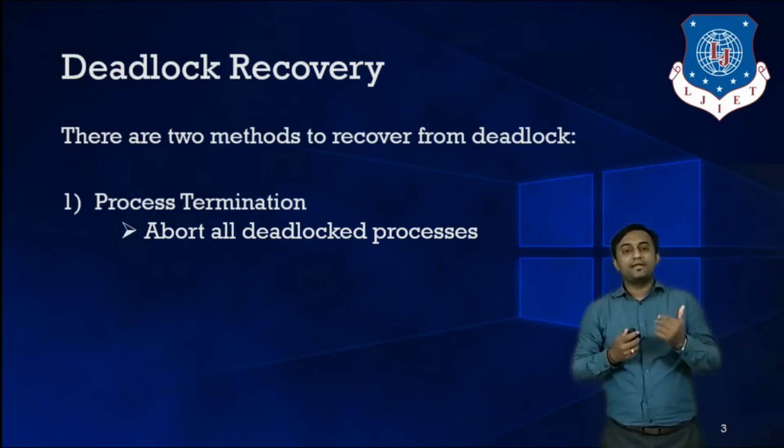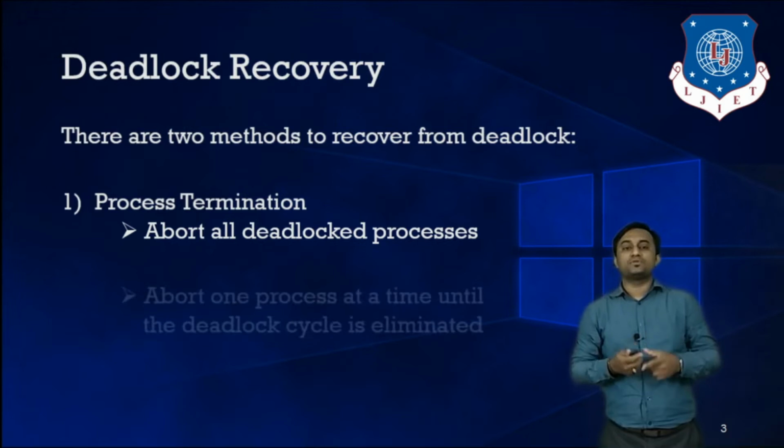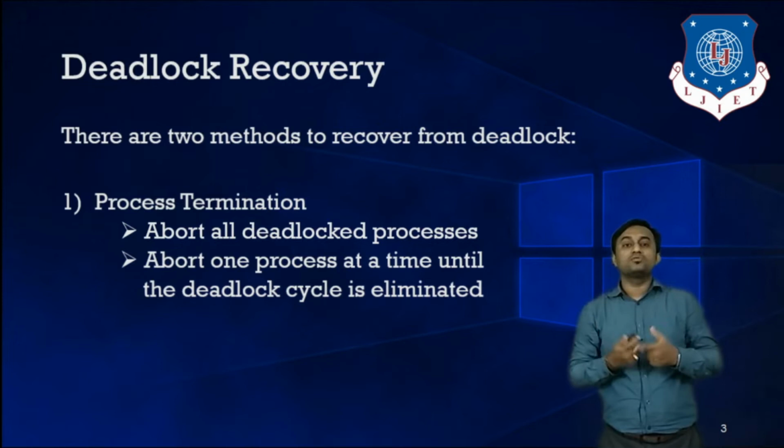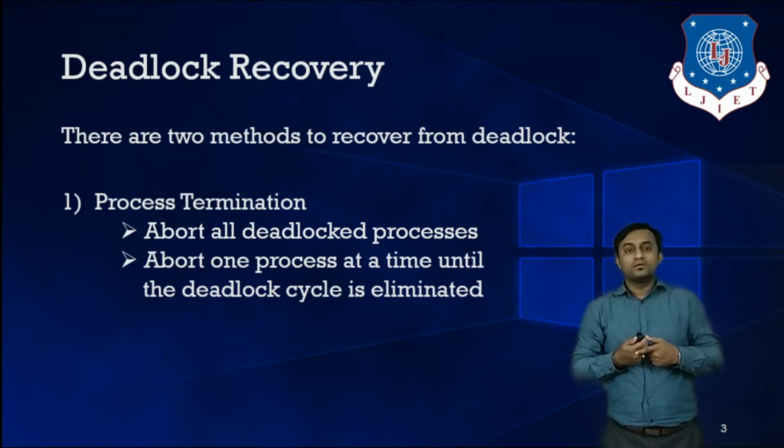So there is a second alternative through which we can terminate processes. Instead of terminating all the processes associated with the deadlock, we can abort one process at a time.